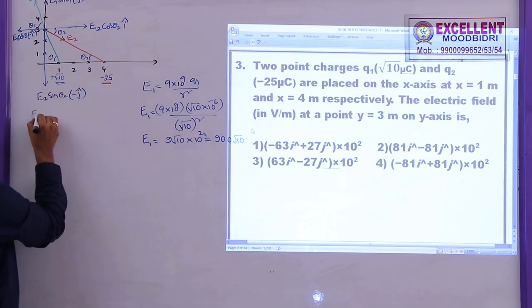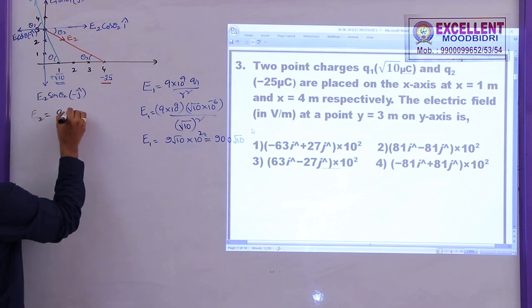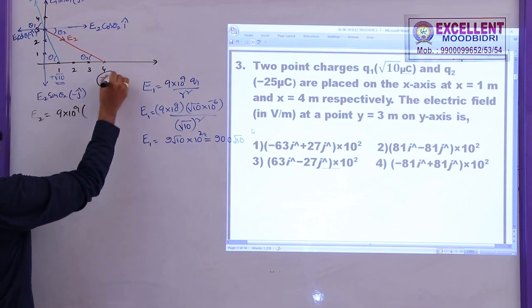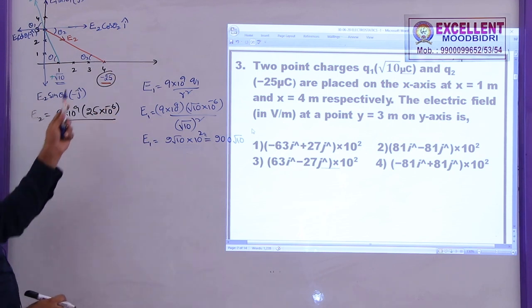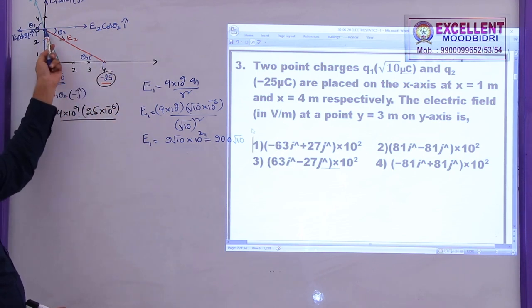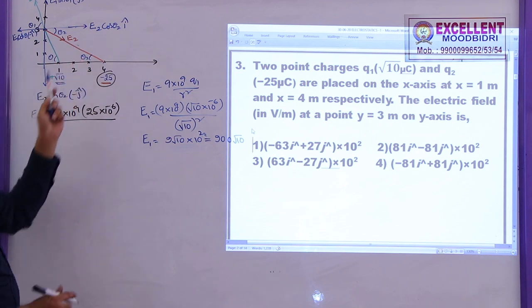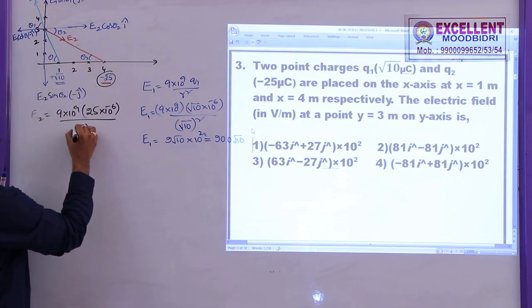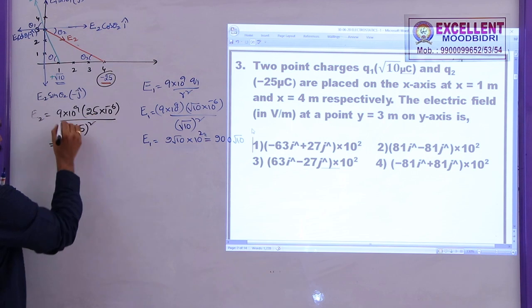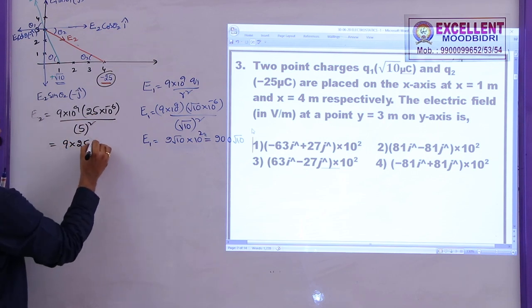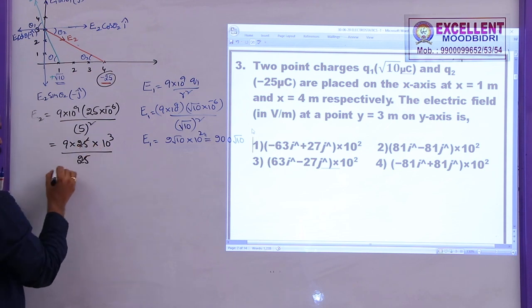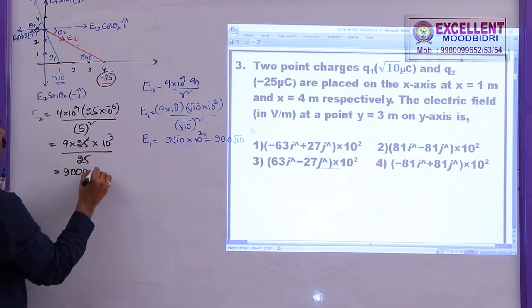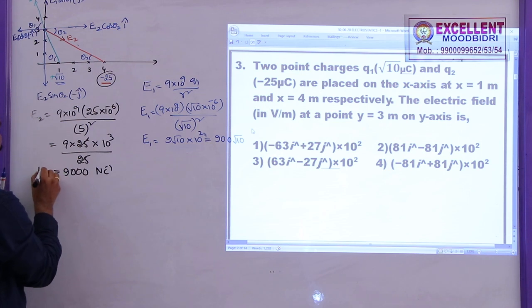Similarly, what is E2? E2 value is given by 9 into 10 power 9, this charge is 25 microcoulombs, by this distance, this is 4, this is 3, so root over 3 square plus 4 square will be 5, so this is 5 whole square. So this is 9 into 25 into 10 power 3 by 25, this cancelled. So this is 9000 newton per coulomb, this is E2.